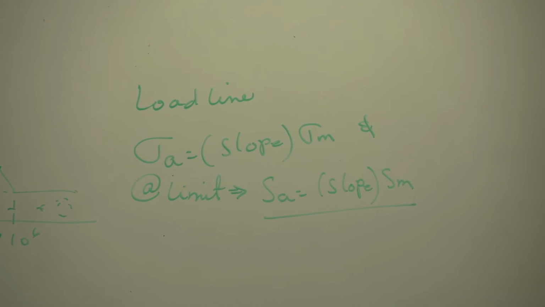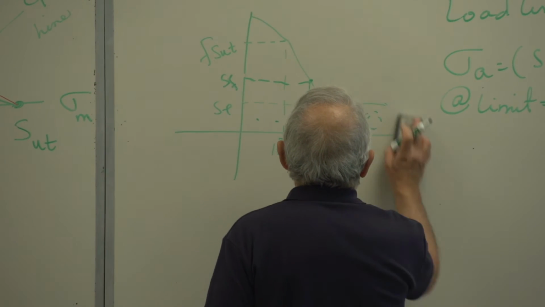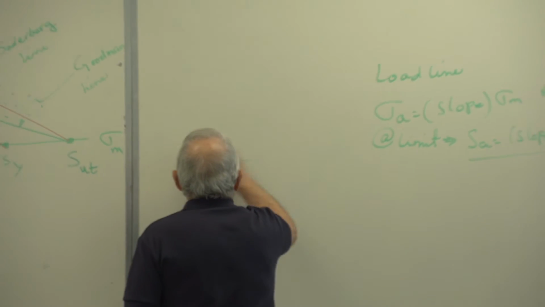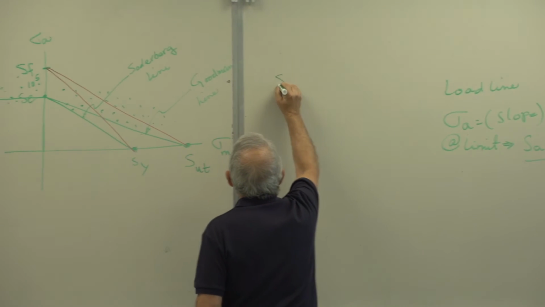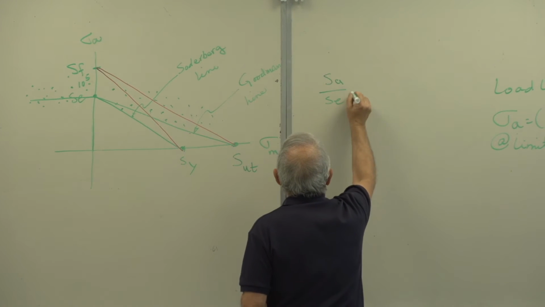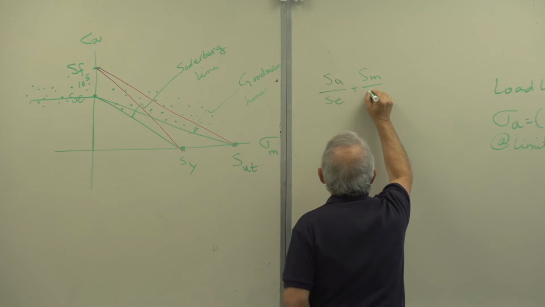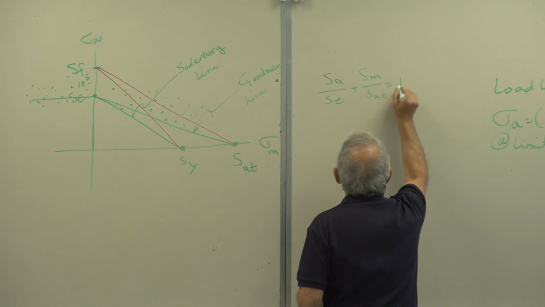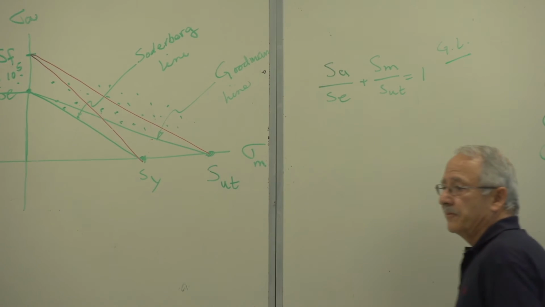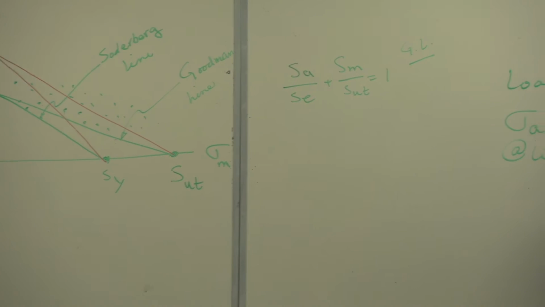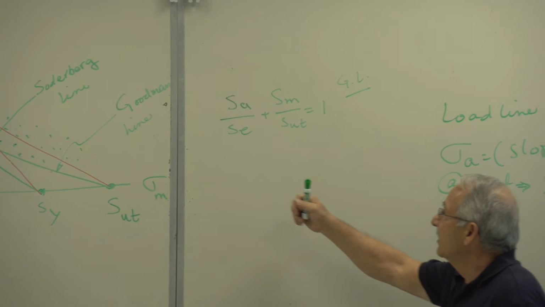The equation of the Goodman line is a straight line equation, very similar to the maximum shear stress. So you can write it like this: SA over SE plus SM over SUT equals 1. This is the Goodman line. You can test that.